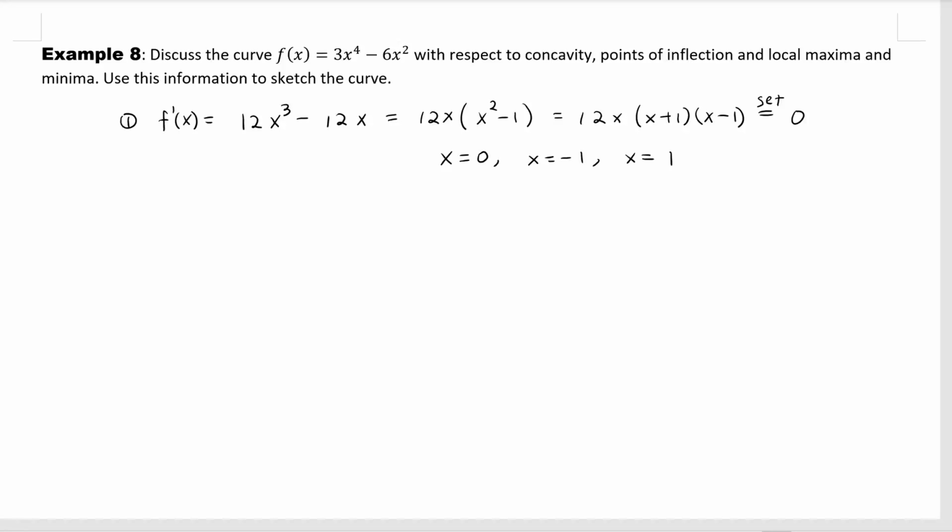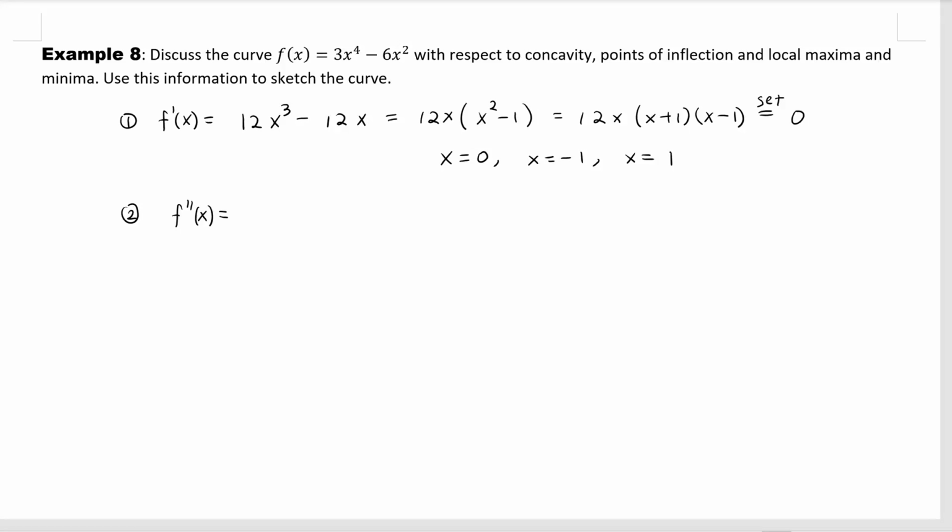Okay? So, and the second step, what is the second step? Do you still remember? All right, f prime prime, yes. When we take the second derivative, do we take the derivative of this guy or this guy? This one, right? Because we like power rule instead of product rule.